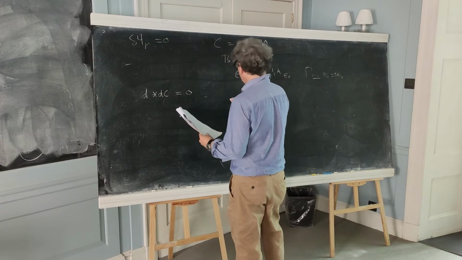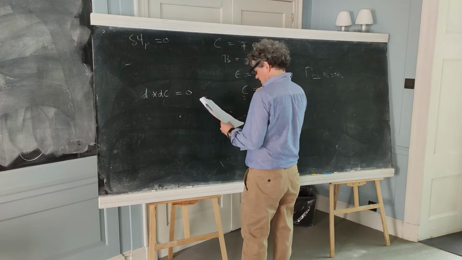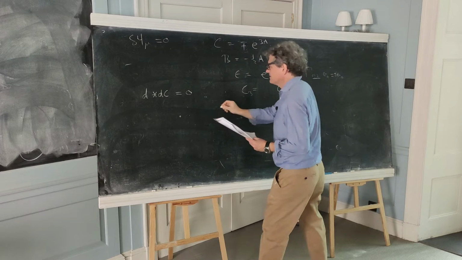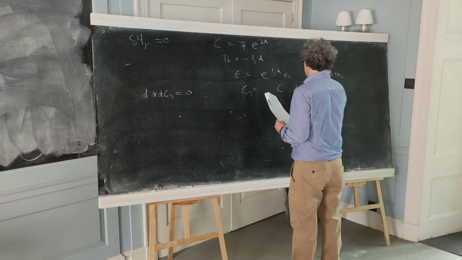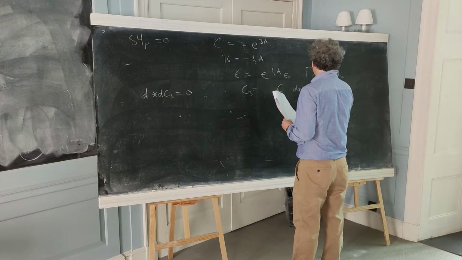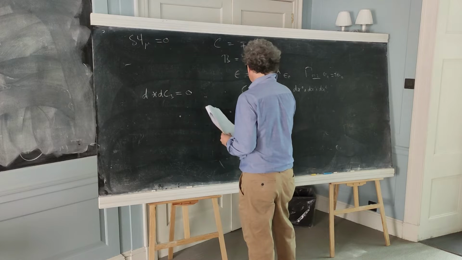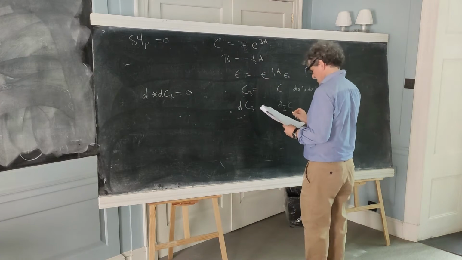Well, star D. So remember, our C is literally C3, we put an index on it, was C dx0 wedge dx1 wedge dx2. So dc is dic.